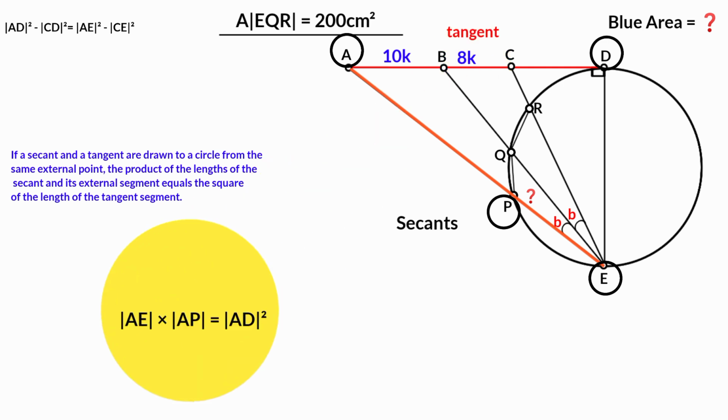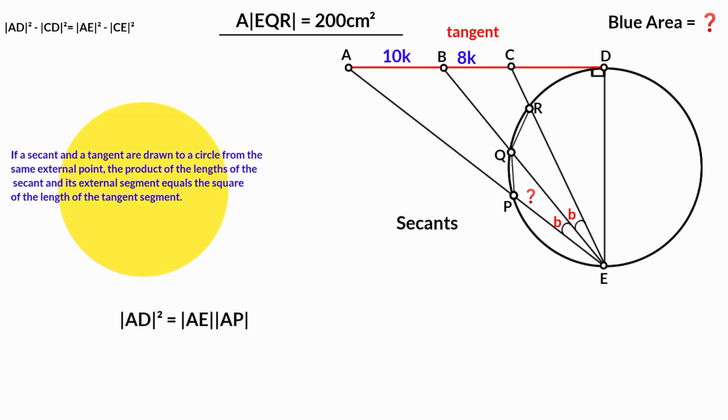So line AE times line AP equal to line AD squared. Line AE times line AP is line AE line AP. So line AE line AP equal to line AD squared, which if we transpose, line AD squared equal to line AE line AP. Come here, replace this line AD squared with line AE line AP.